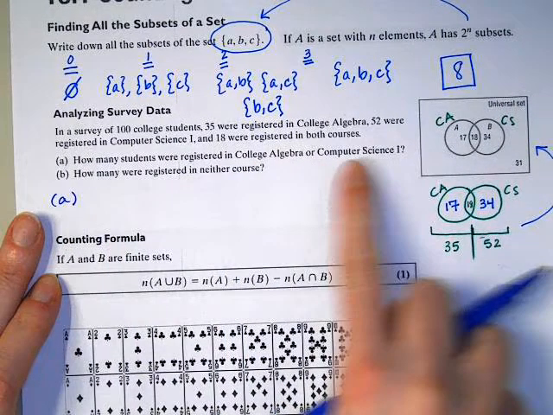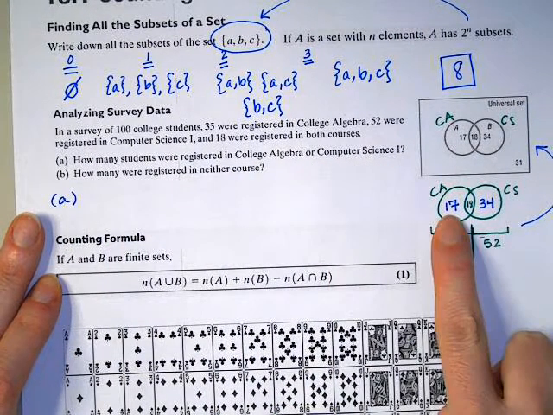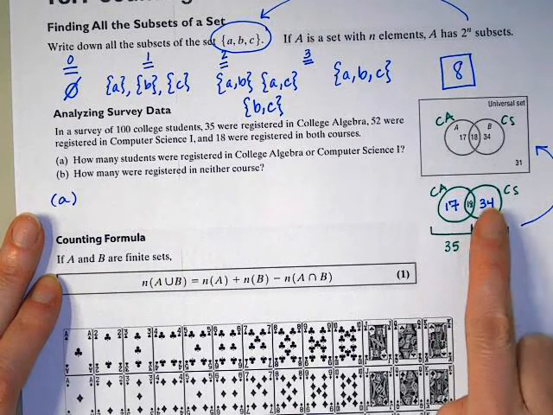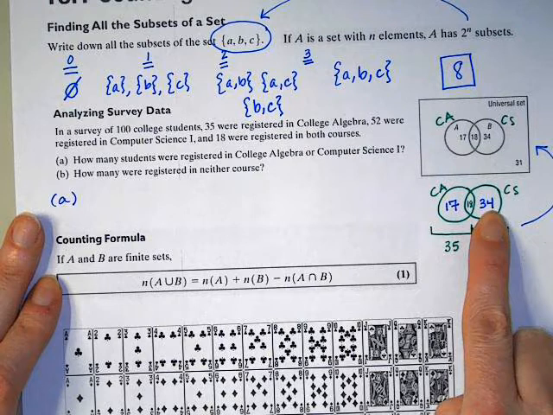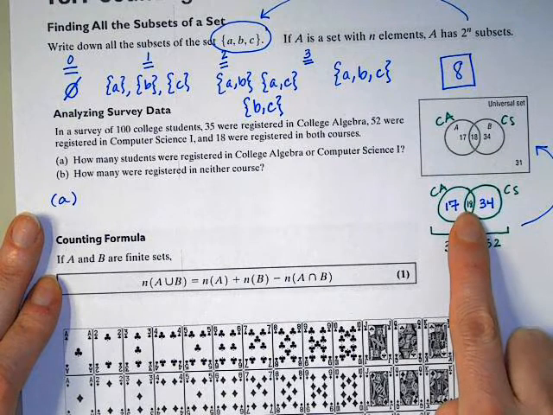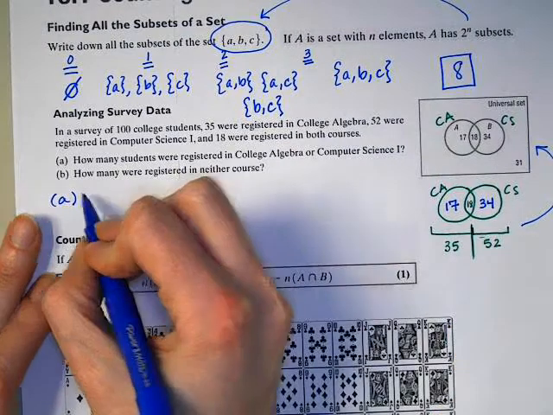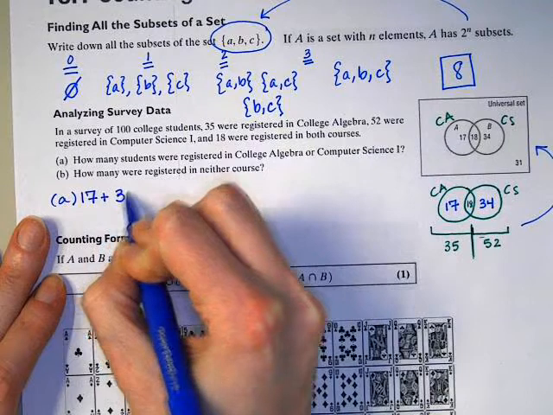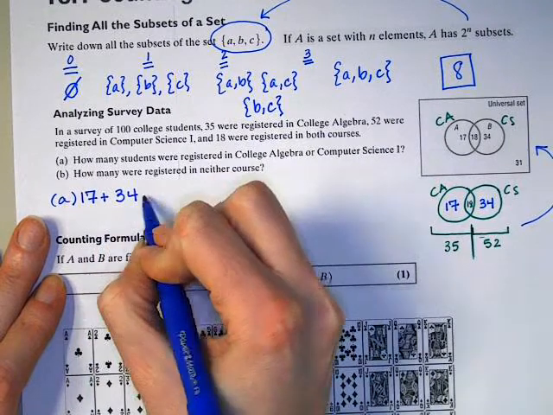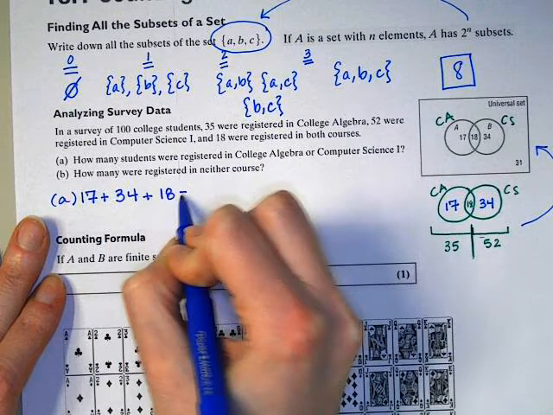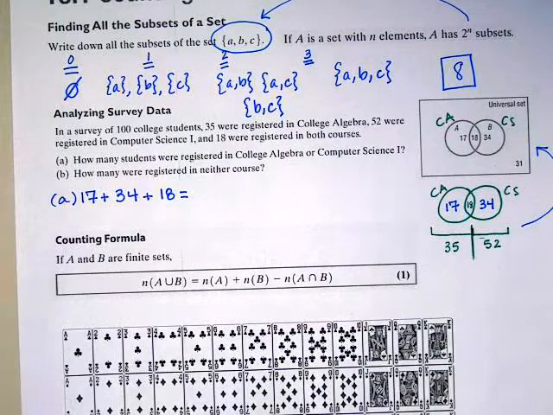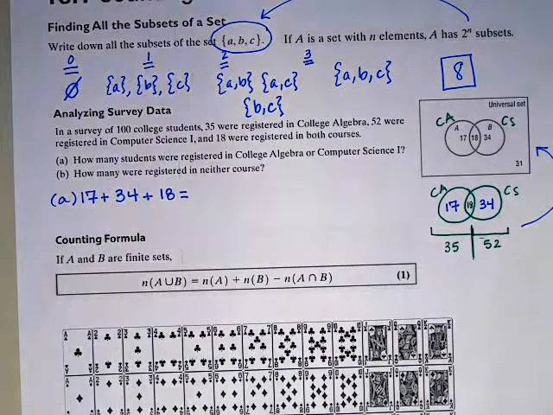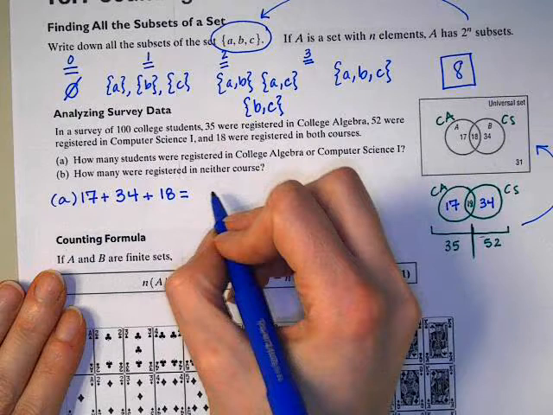You could do college algebra only plus computer science only plus the 18 that were registered in both. So it's the 17 for college algebra, the 34 for computer science, and the 18 that are in both. If you add those up together, you get 69 students.